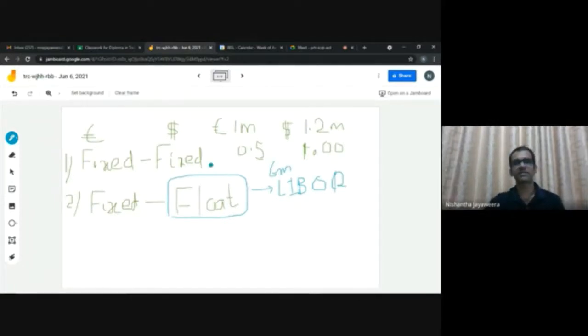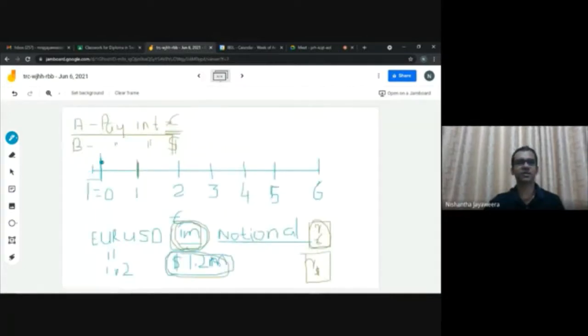So every 6 months, at this point, you have to decide what is the dollar interest rate for the next 6-month period. On this date, they have to decide what would be the interest rate for the next 6-month period. That depends on the LIBOR.